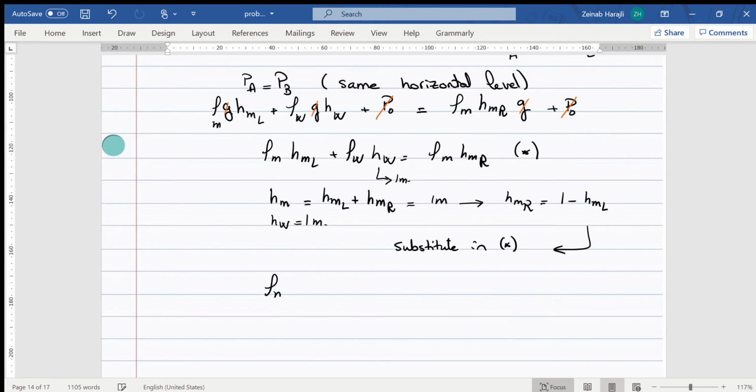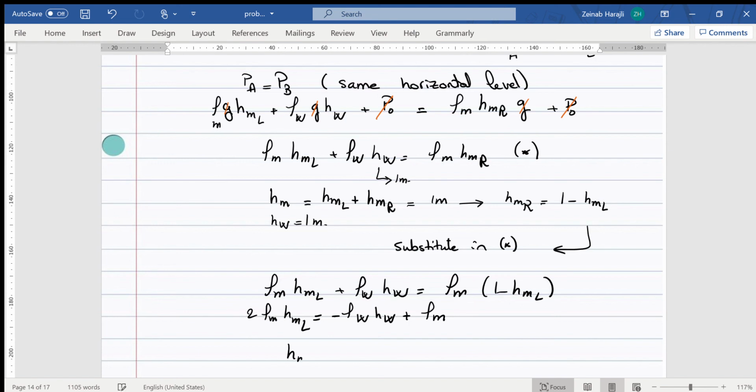And this would give us rho of mercury, height of mercury on the left, plus rho of water, height of water, equals rho of mercury into 1 minus height of mercury on the left. Now we can rearrange this to find the height of mercury on the left, and this would give us rho of water, height of water with a minus sign, plus rho of mercury, and we have here 2 rho of mercury, so we divide on both sides.